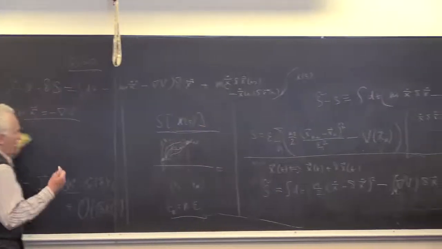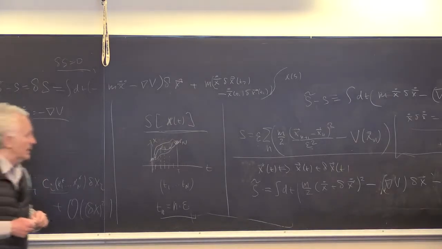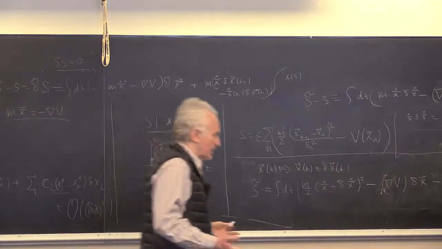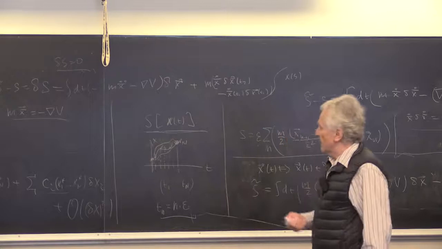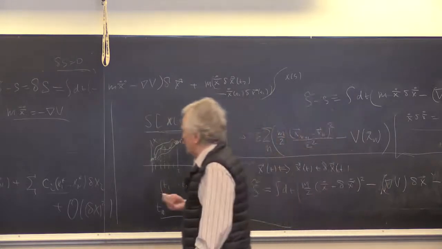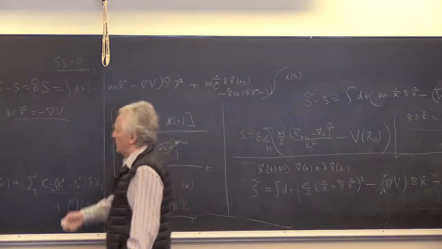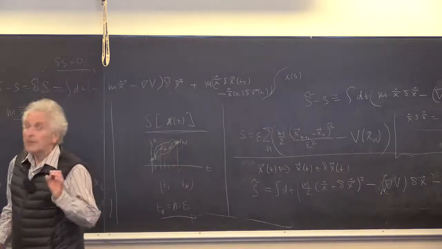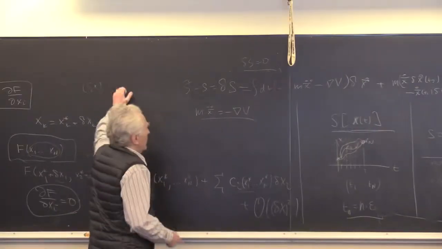But while I defined partial derivative, I still haven't defined what I mean by functional derivative, except by saying that it is a limit of partial derivatives. And that's very important and useful to remember. But what is it more formally?